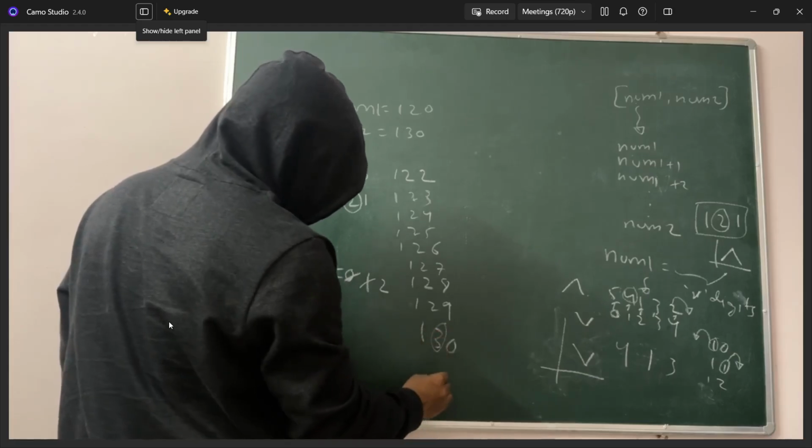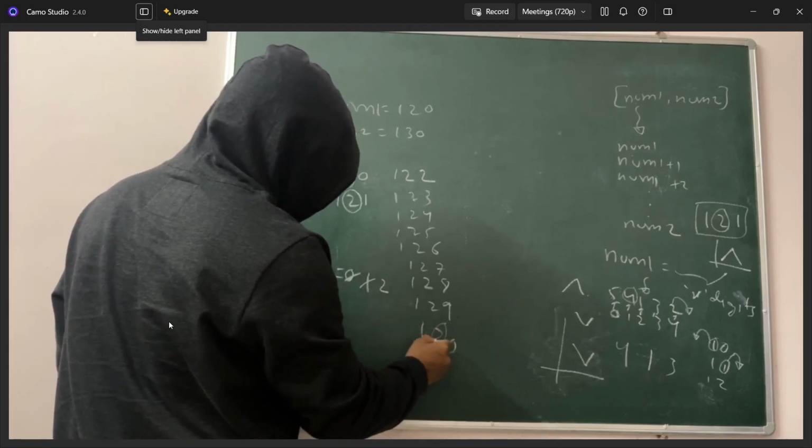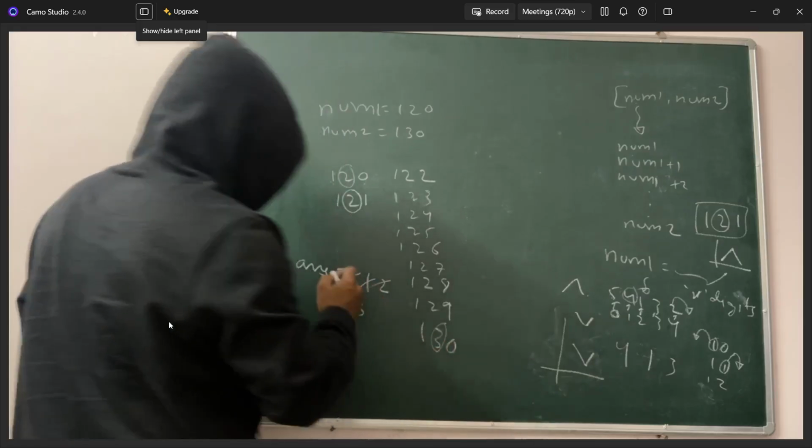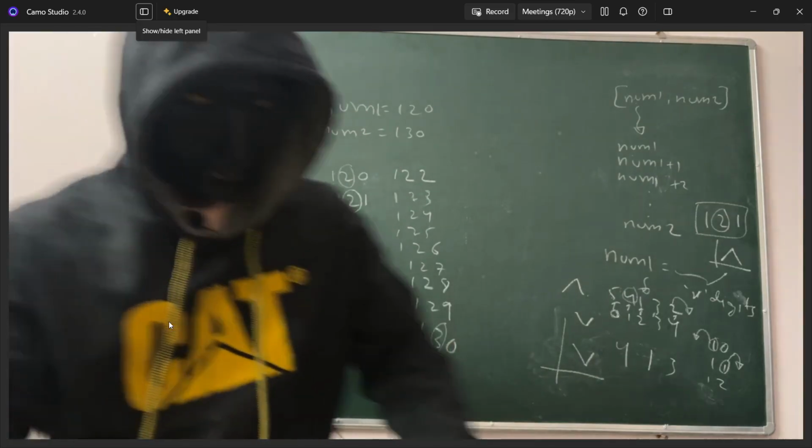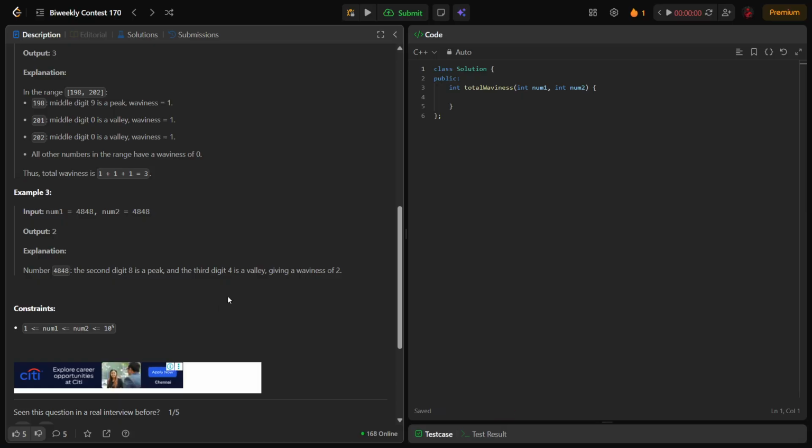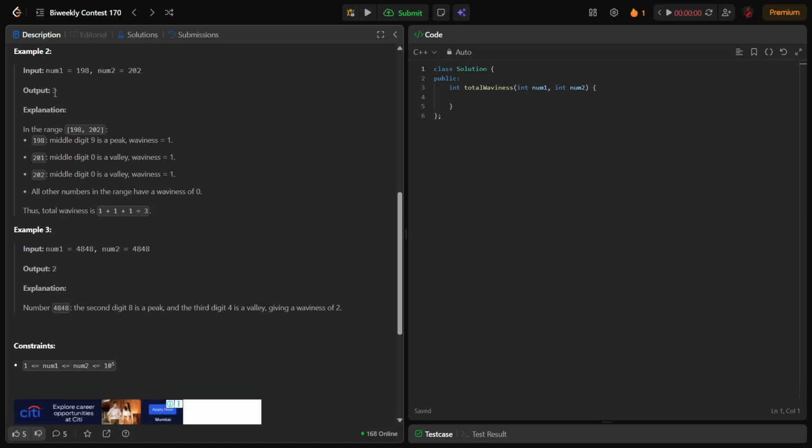Again, because 3 is greater than 1 and also greater than 0, so 3. So for the numbers ranging from 120 to 130, we have 3 as the answer. So yeah, we have it.